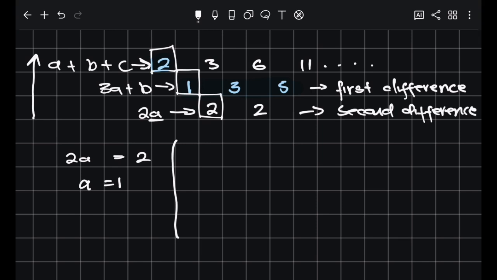We have our A. We look at this one. Since we know the value of A, we only have one unknown. That unknown is B. So we plug in our value of A. It becomes 3 times 1 plus B. What is it equated to?